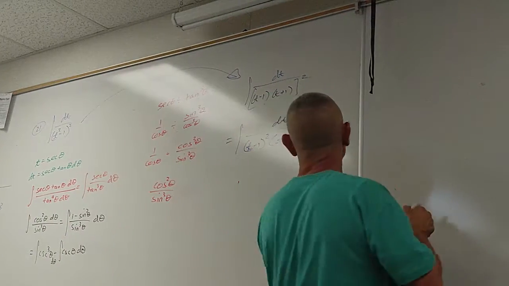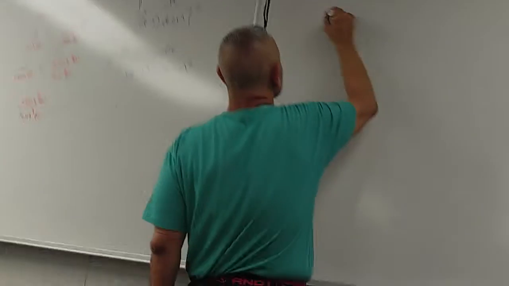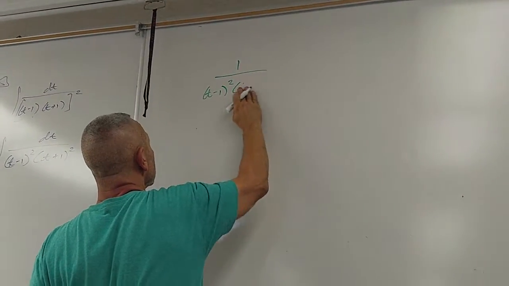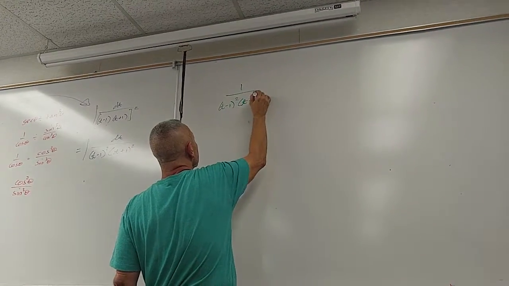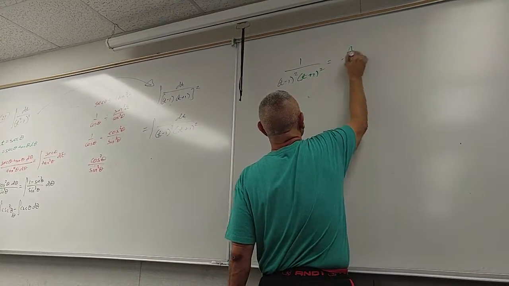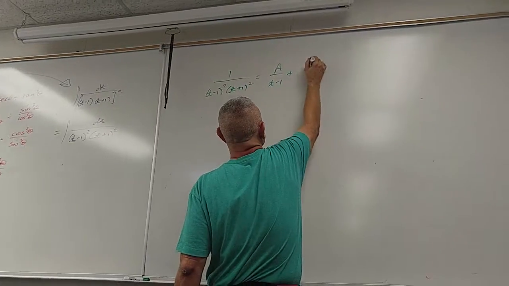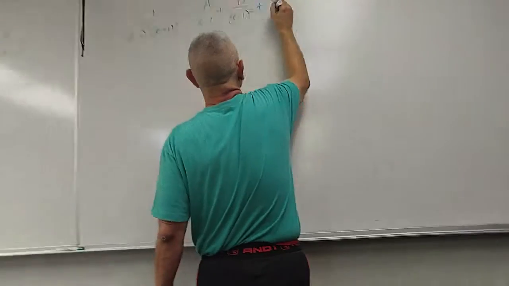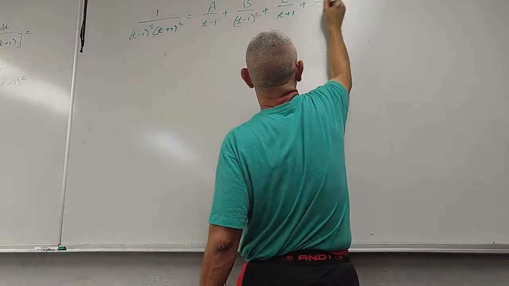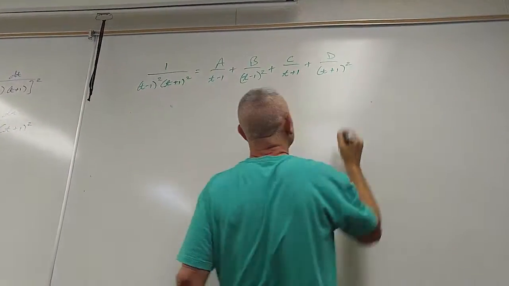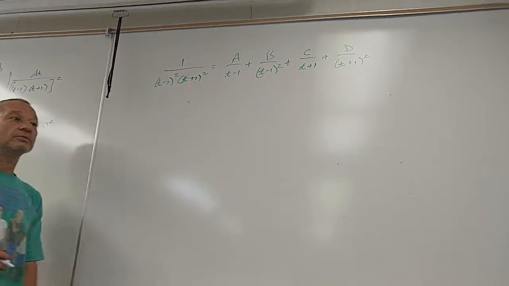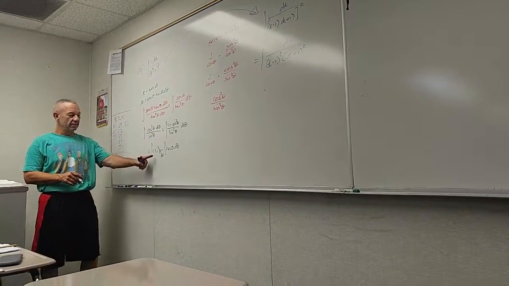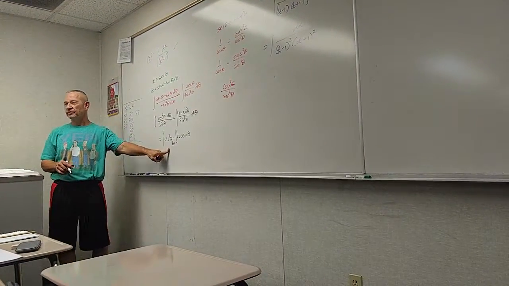I'm going to take 1 over t minus 1 squared t plus 1 squared, and I'm going to rewrite that as some constant over t minus 1, some other constant over t minus 1 squared, a third constant over t plus 1, and a fourth constant over t plus 1 squared. So at this point, you may be preferring this, but again, this is no fun, right? Going to fill up the whole board there.